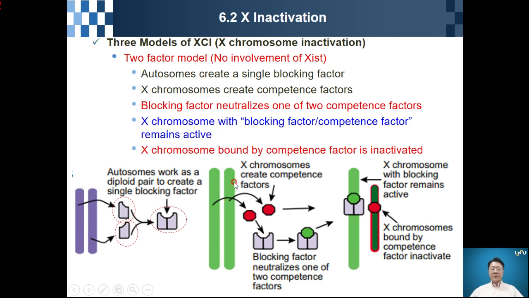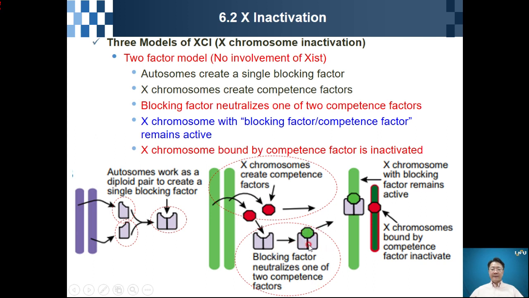The X chromosome creates two competence factors. The blocking factor neutralizes one of the two competence factors.